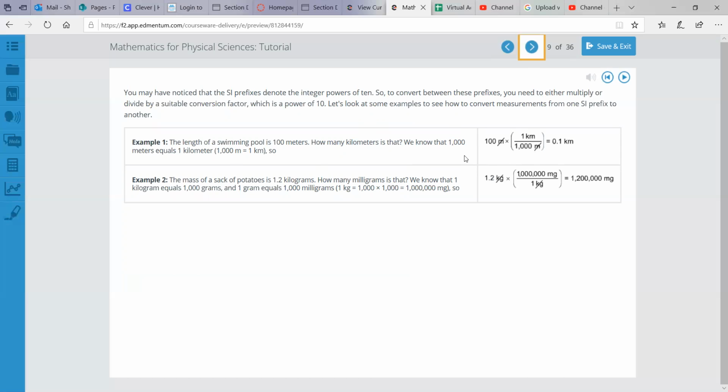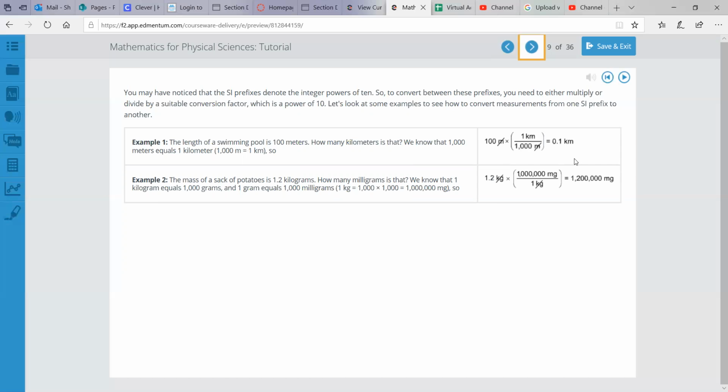If you know the ratio is 1 kilometer to every 1,000 meters, you can multiply 100 meters times 1 kilometer divided by 1,000 meters. These units cancel out, meters with meters, and you're left with kilometers, 0.1 kilometers, okay? Think of these as ratios.